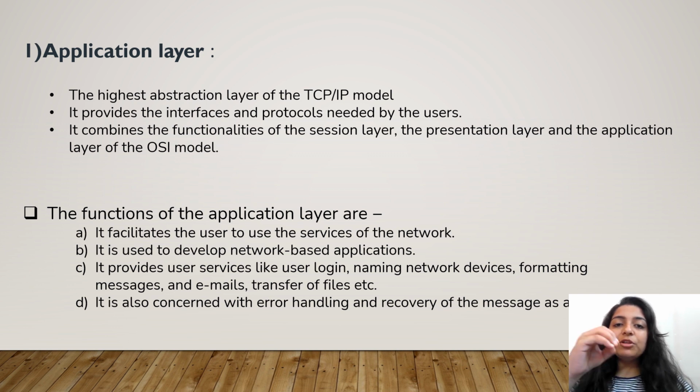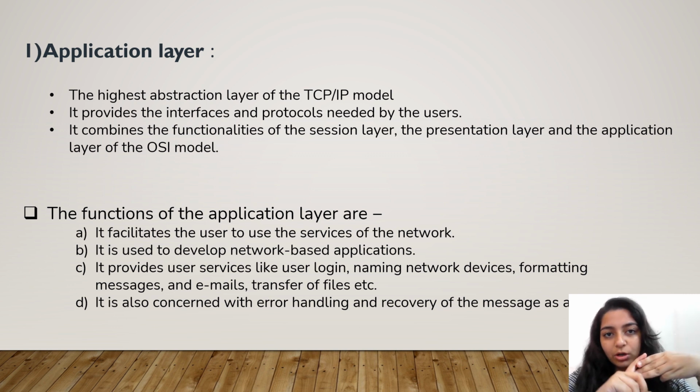When you combine the functionalities of the session layer, presentation layer, and application layer of the OSI model, you get the functionalities of the application layer in the TCP/IP model. The main functionalities of the application layer are: first, it facilitates the user to use the services of the network. Second, it is used to develop network-based applications.